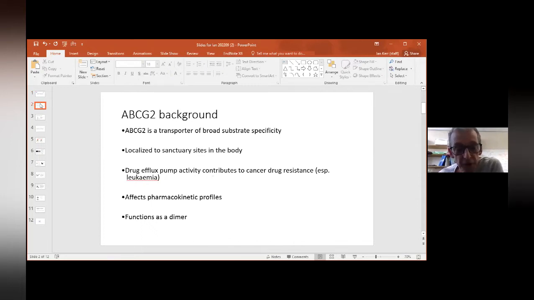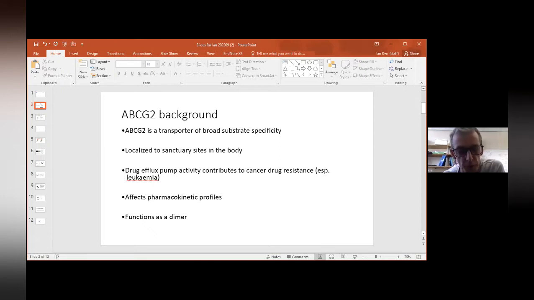As we've heard, ABCG2 is a broad substrate specificity transporter. It's localized to many so-called sanctuary sites in the body. In terms of cancer drug resistance, we know it is clinically relevant, especially in leukemia, but there are some solid tumors where expression of ABCG2 is a negative prognostic indicator.